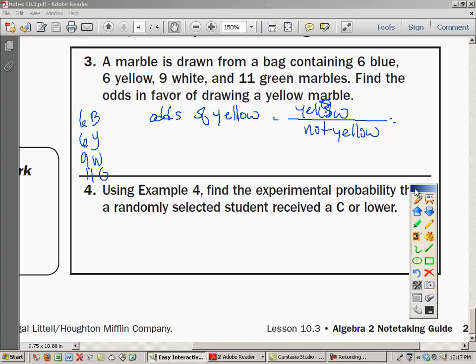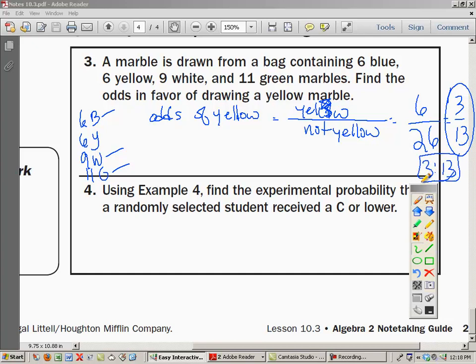I can choose a yellow 6 ways. Out of those that are not yellow, there are 6 blue, 9 white, and 11 green, so that is 26 that are not yellow. 6 out of 26 reduces to 3 to 13, so my odds are 3 to 13, or 3 to 13. Either way is fine.